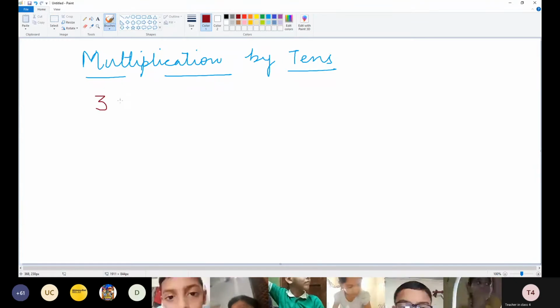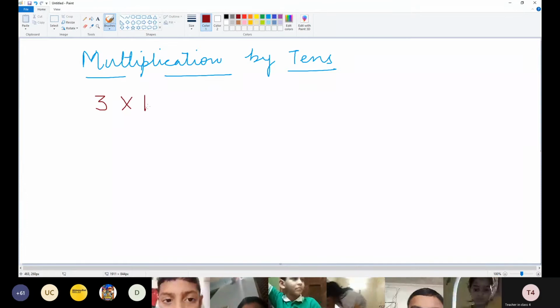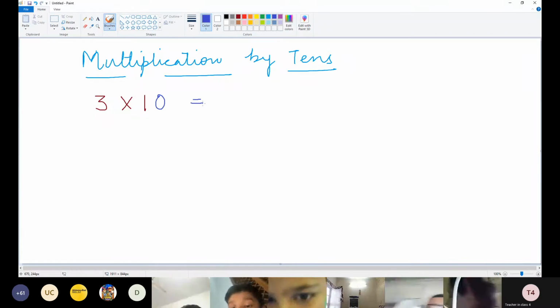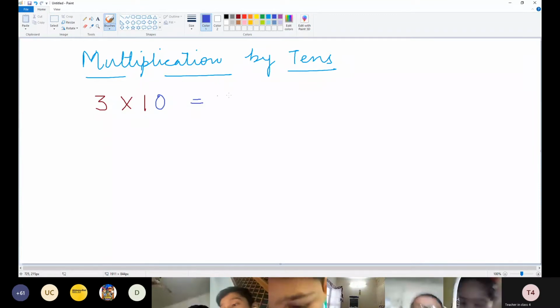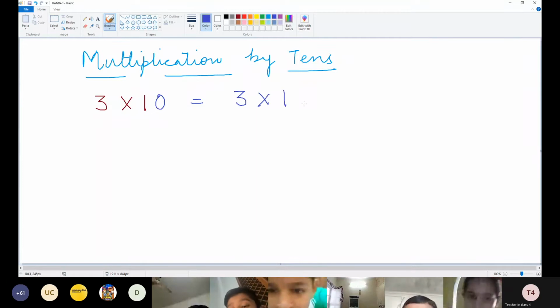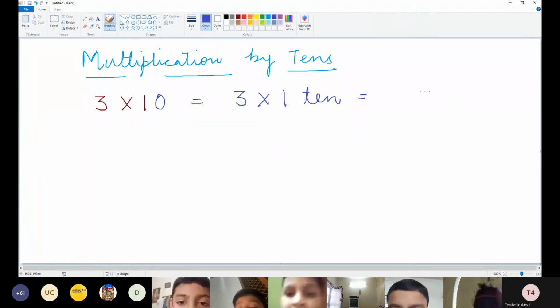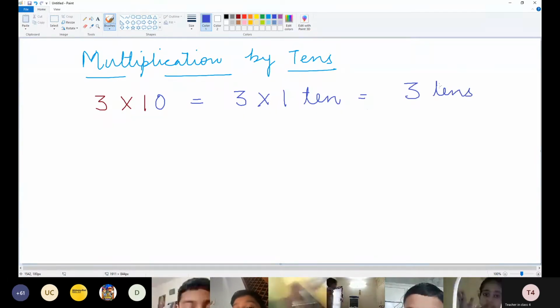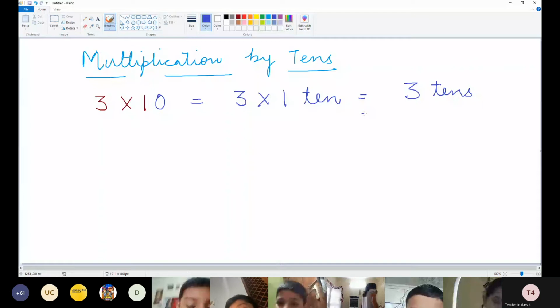Three into 10. That means you are multiplying 3 by 10. How many tens do you have? You have 3 tens. Yes, or you can say it 30.